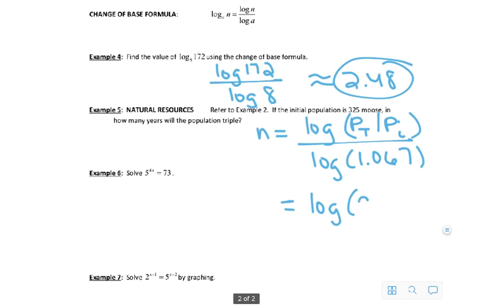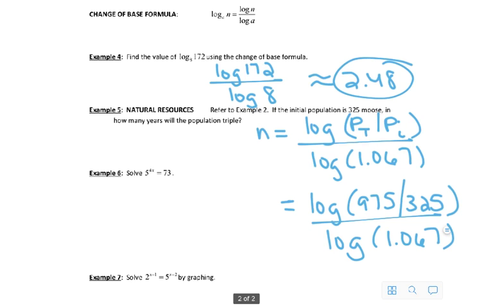So we're going to do the log of 975 over 325, and then divide that by the log of 1.067. So that is going to spit out about 16.9, which is about 17 years.